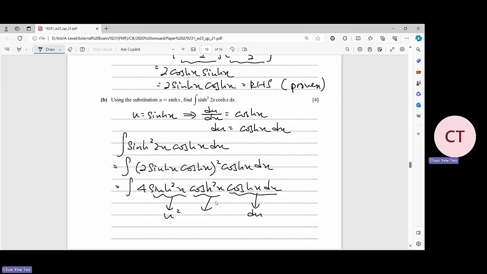This one, I have to use a formula of the hyperbolic identity. Cosh square is actually 1 minus sinh square.